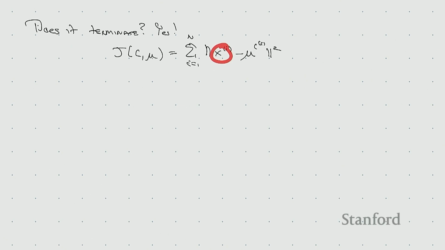Does it terminate? All right, and it turns out, this is great, yes, it does. Now, why does it? The reason is that this functional underneath the covers, the sum from 1 to n of the distance between x_i and mu_{c_i}, that is, the distance between a point and its cluster center, is actually monotonically decreasing.